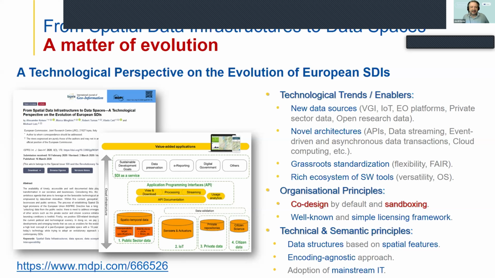And here I'm highlighting the need for co-designing this infrastructure and using sandboxing as a default. So it's a matter of testing things. If they are not working, provide a new solution for this data sharing, and continue this process of improvement in order to achieve a pragmatic interoperability, which is solving the problems of the users.